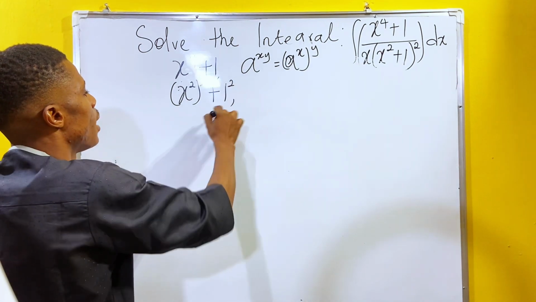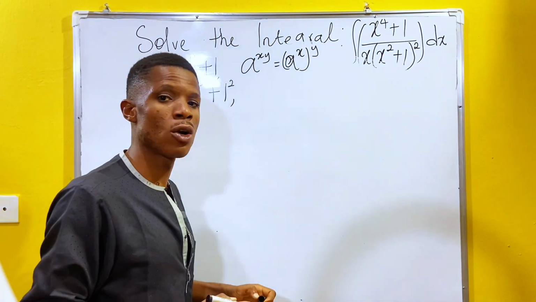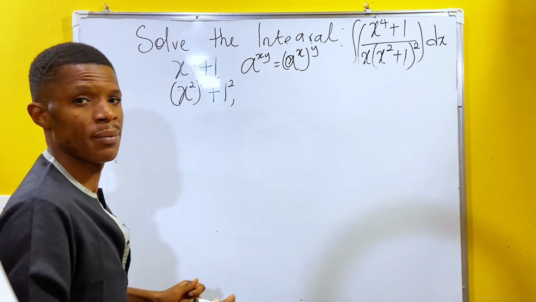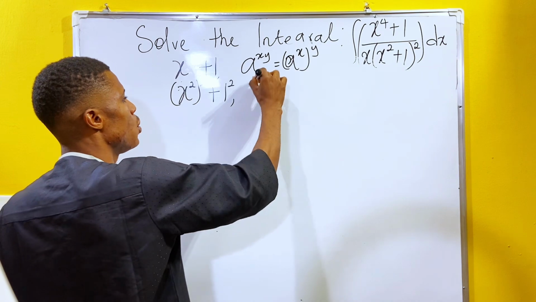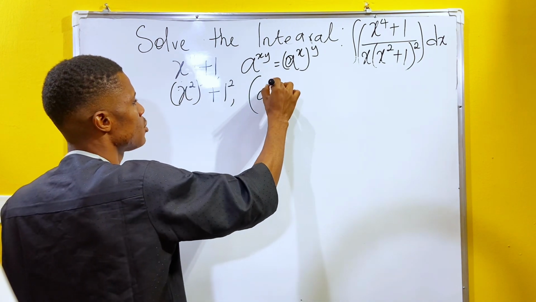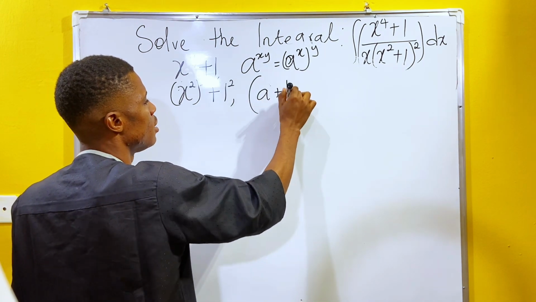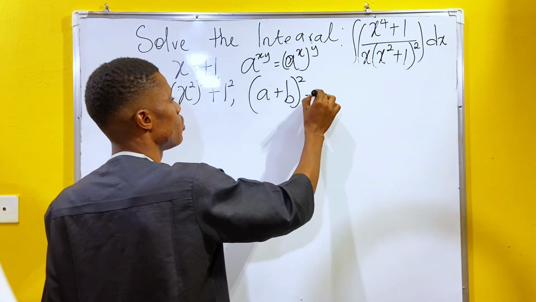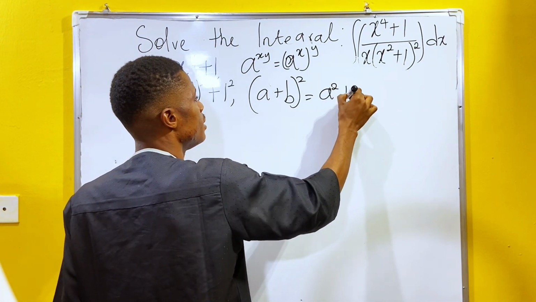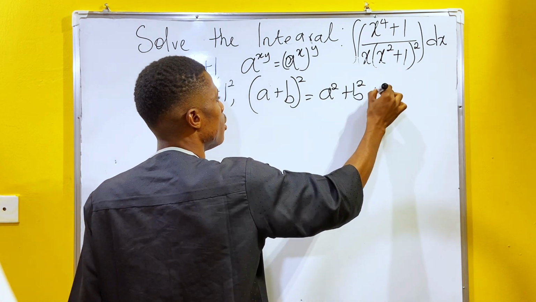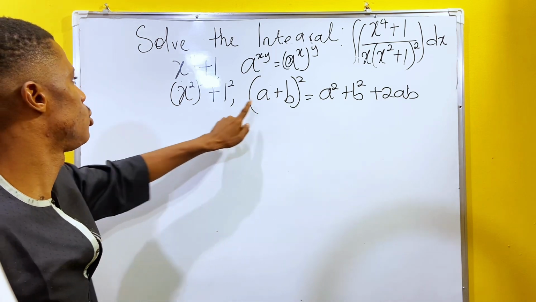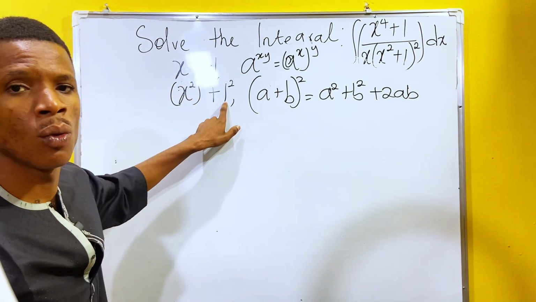Good. Since we agree here, the next thing we are going to use is binomial expansion to expand this particular term. When we have a plus b all squared, expanding with binomial expansion, it is a squared plus b squared plus 2ab, where we use a and b to be x squared and 1.